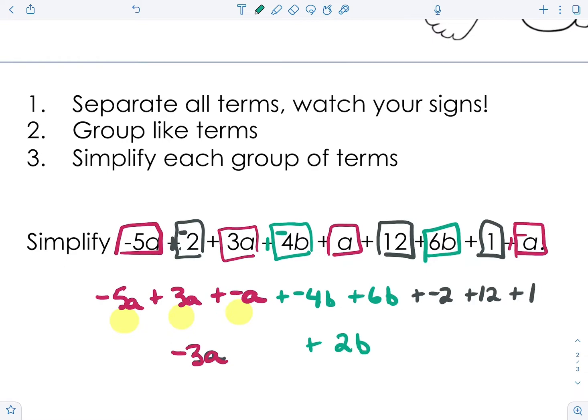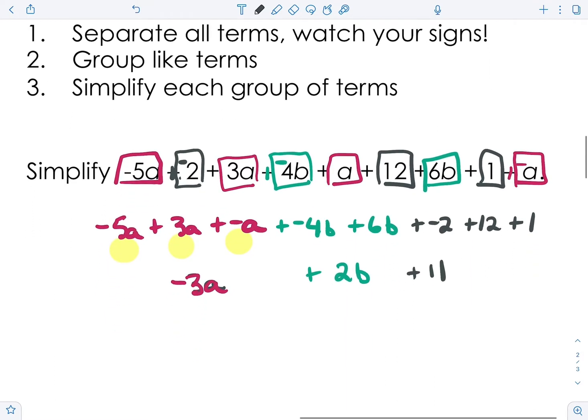plus 2b. And finally, we take negative 2 plus 12 plus 1, add all of that together, and we come out with plus 11.